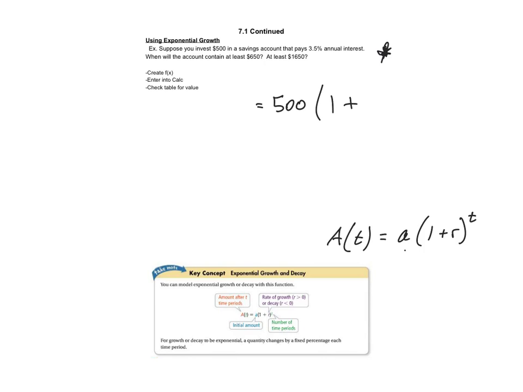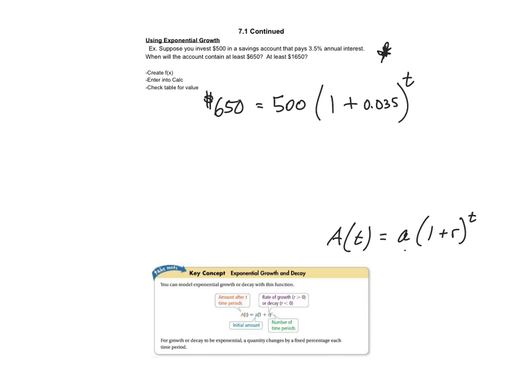I have 1 plus, and it says into a savings account which pays 3.5% interest annually. Okay, well, 1.035 is how you would write that. And then we don't know an amount of time yet. But it says, when will that account be worth $650? And I believe you can go ahead and place this into your calculator now.